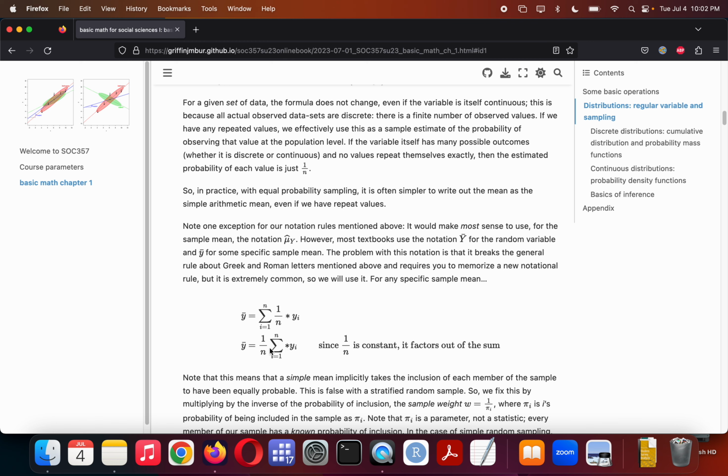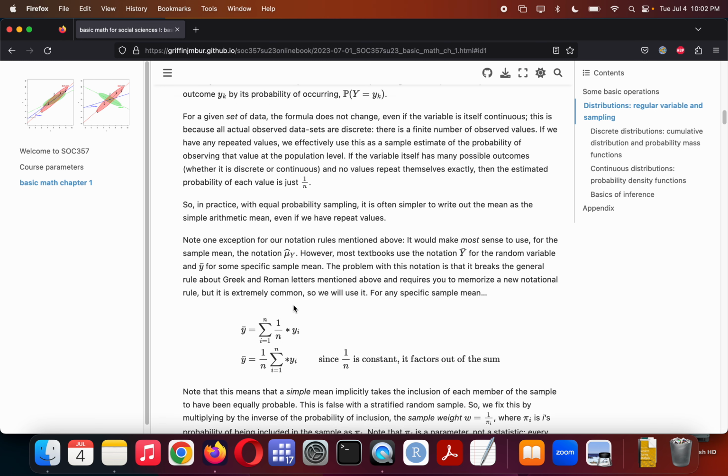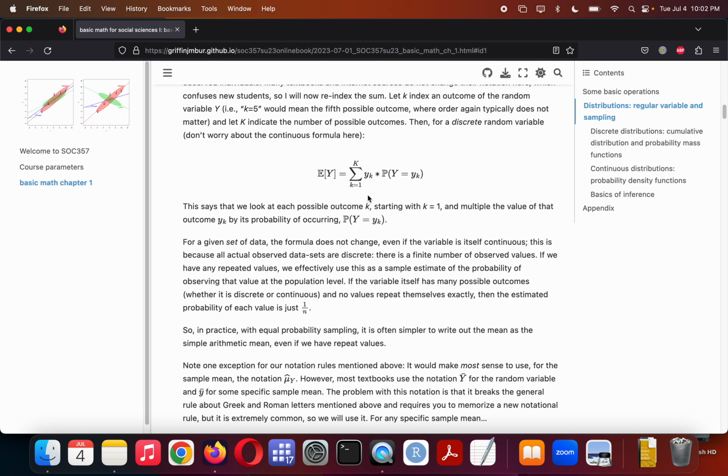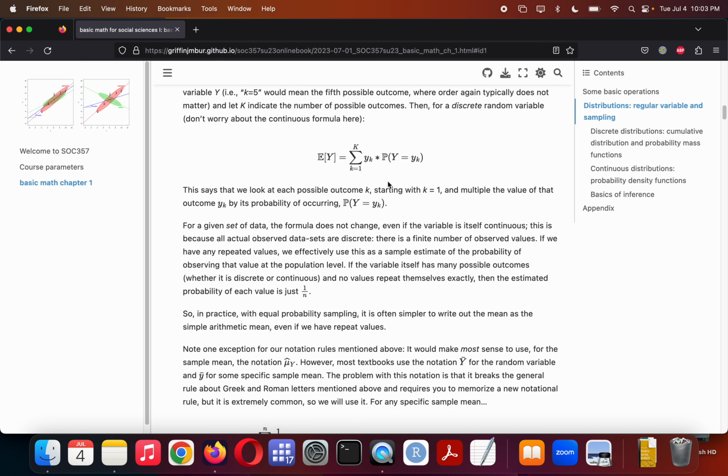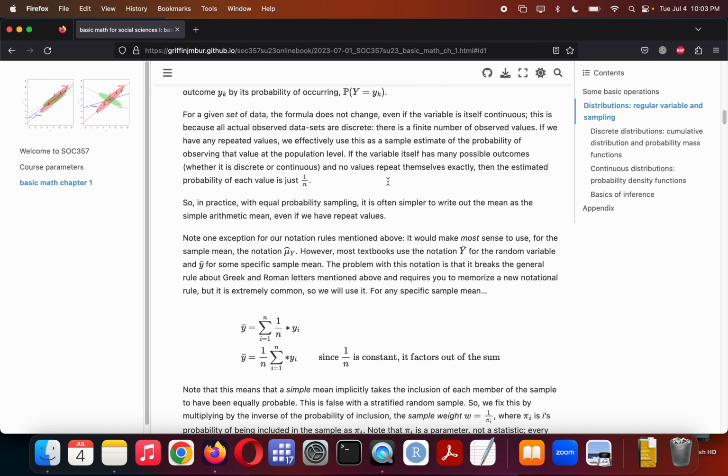It's kind of interesting to note that this formula up here is an attempt to estimate the probability of a particular outcome, and then you're finding the probability of a particular outcome and summing over all possible outcomes.